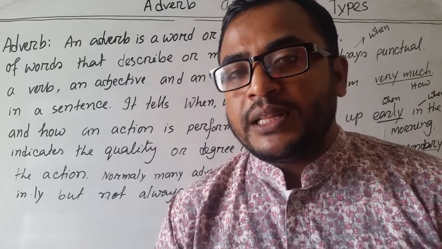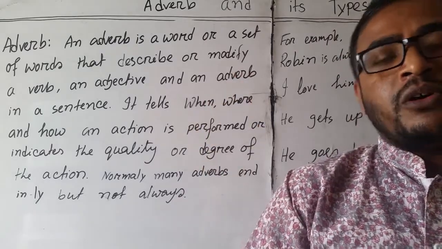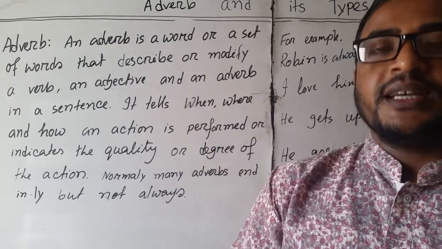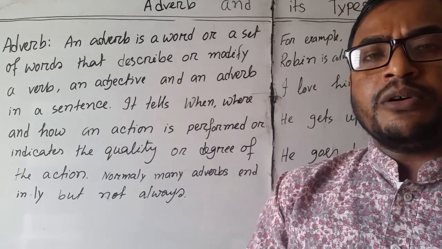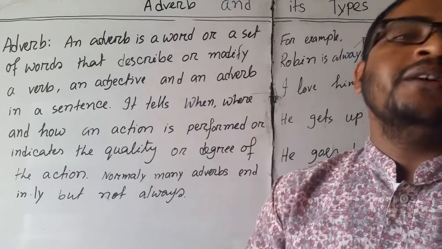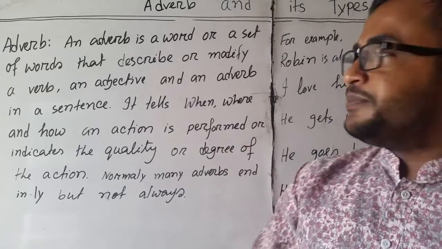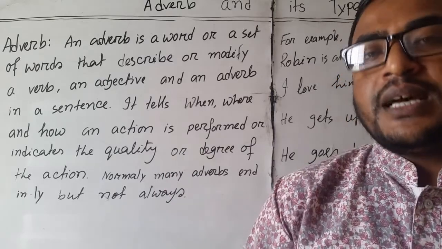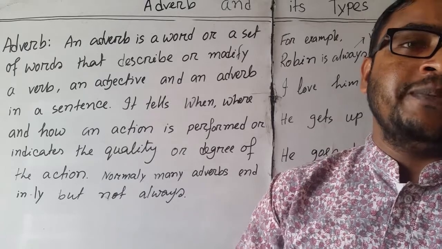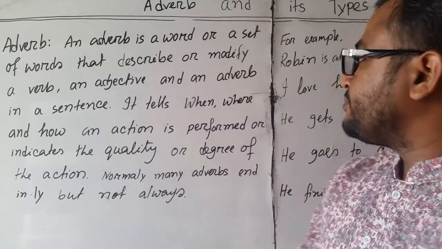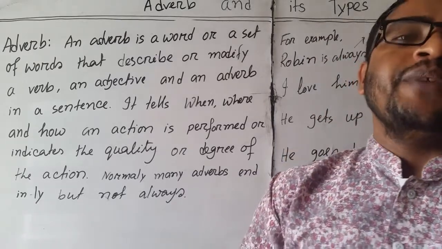So dear learners, let me repeat. An adverb is a word or a set of words that describes or modifies a verb, an adjective and sometimes another adverb. It tells us when, how and where an action is performed, or indicates the quality and the degree of the action.